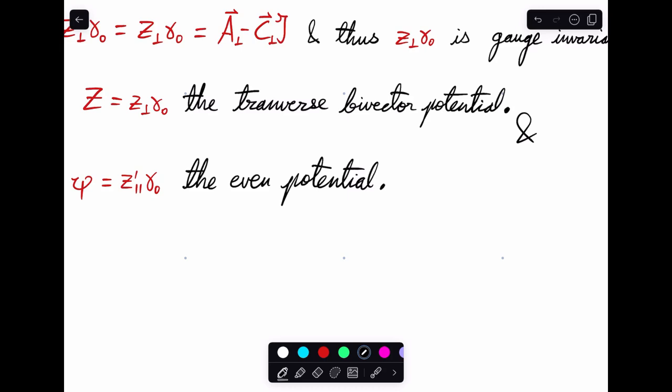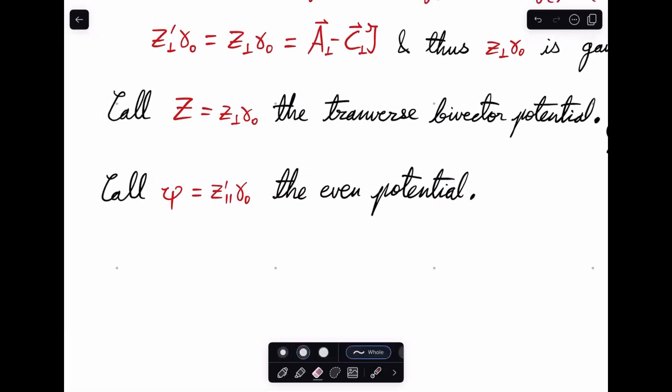Now, in the text, they call this the spinor potential. However, as I said, their definition of spinor does not agree with the academic definition of spinor as a minimal left ideal. Because this is just an element of the even subalgebra, I'm just going to call it the even potential, because the spinor potential is misleading.